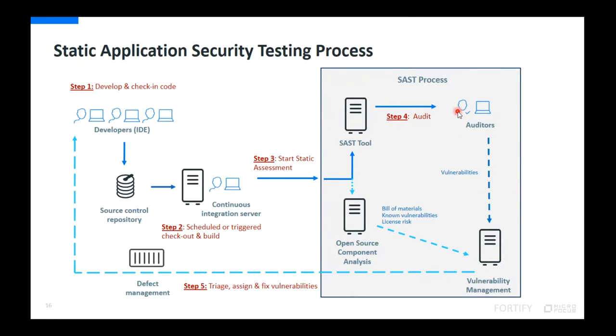If the auditor finds that the vulnerability identified by Fortify SCA is actually a real vulnerability, then the QA team, the auditor, files a bug into the bug management tool, a bug tracker like Bugzilla or Jira. We have direct integration with bug tracking tools as well. From the bug tracking tool, it goes back to the developers.